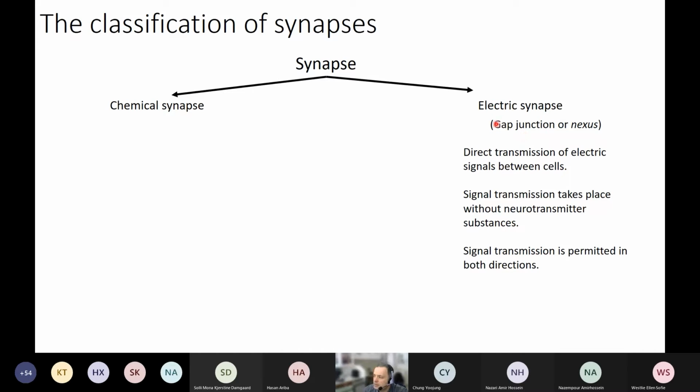Electric synapses may be called a gap junction or nexus, and you have to know about the electric synapses that they allow direct transmission of electric signals between cells. So in this case, there is no chemical substance release taking place. No neurotransmitter release takes place, just electric currents will go through from one cell to another. And because of this reason, the signal transmission is permitted in both directions.